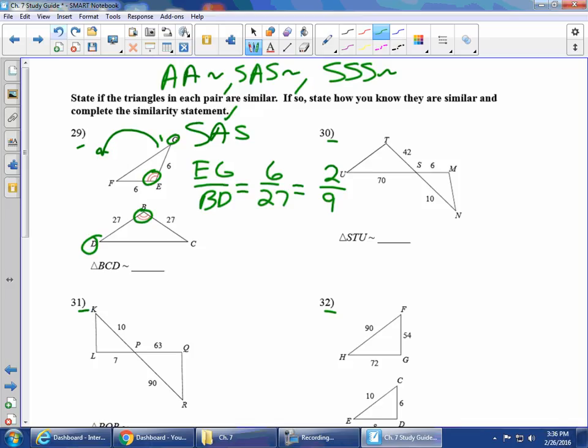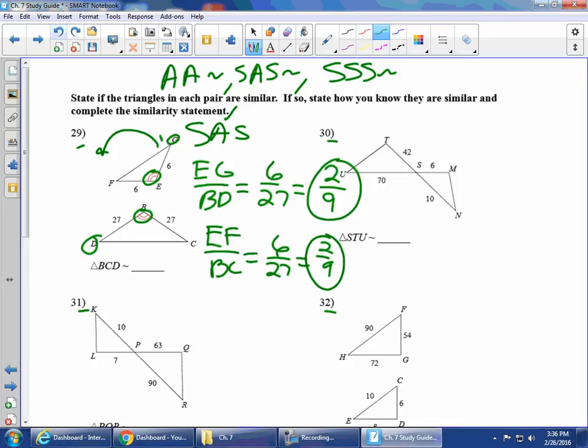Then you're going to do the same thing with EF over BC. Same results. That means these are proportional sides. And so then down here you would write triangle EFG by side angle side similarity.